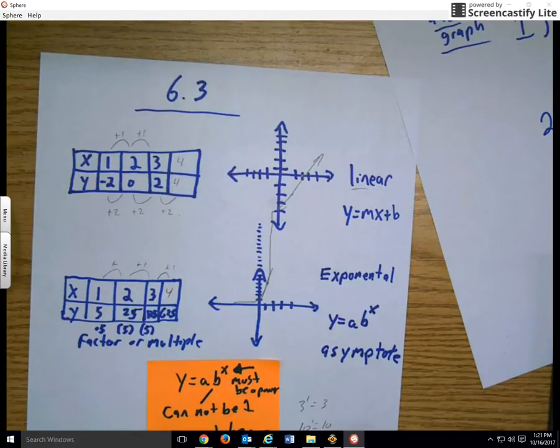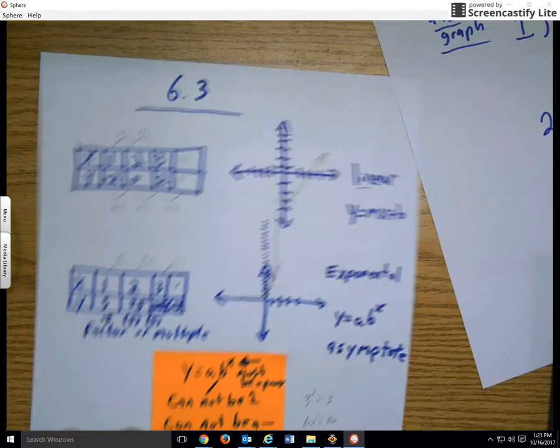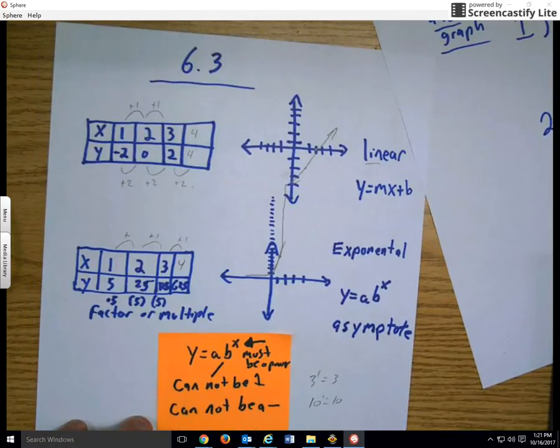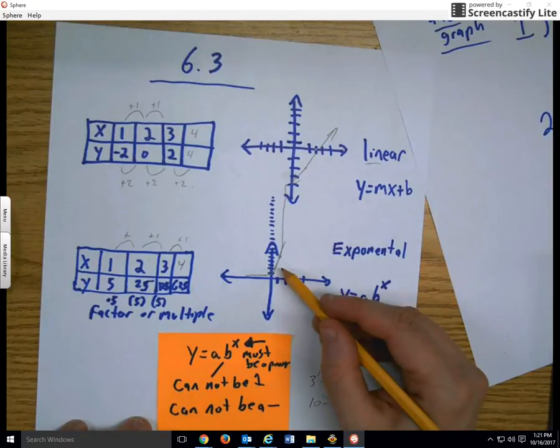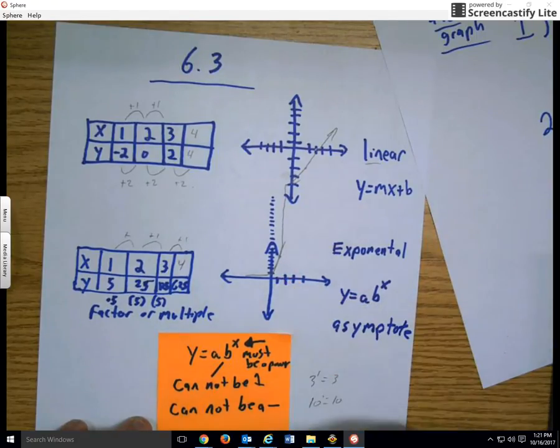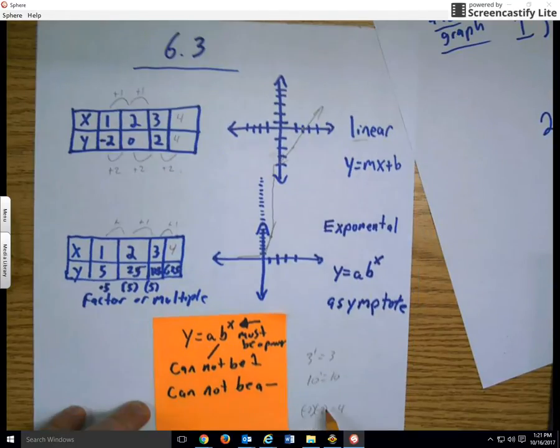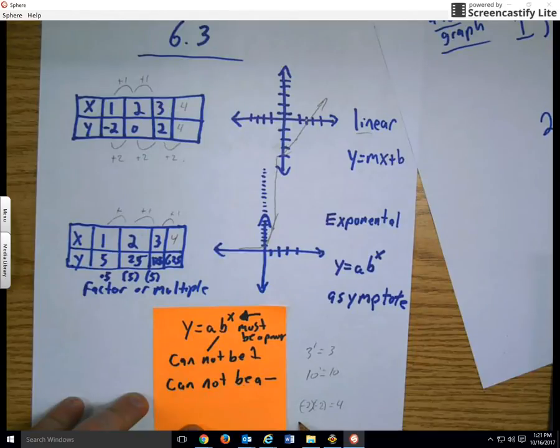And then the b cannot be a negative. The reason it cannot be a negative is to think about what that would do to your graph. A negative times a negative would be a positive, but then a negative times a negative times a negative would be a negative.